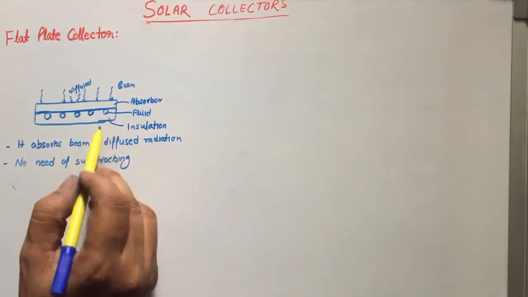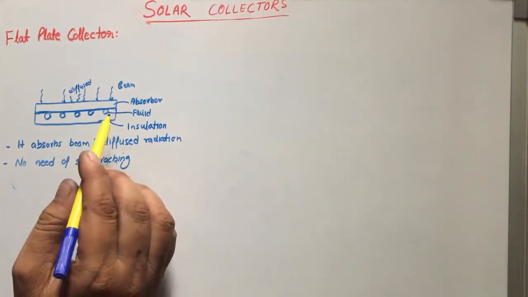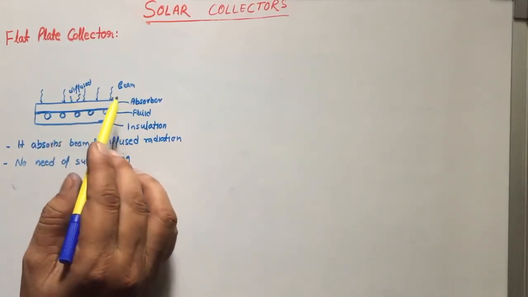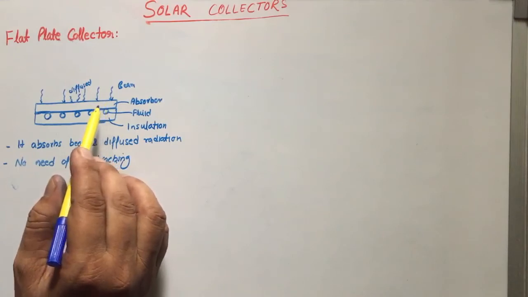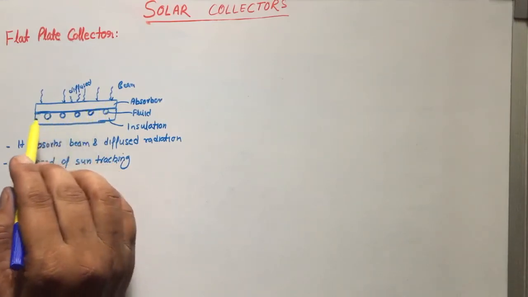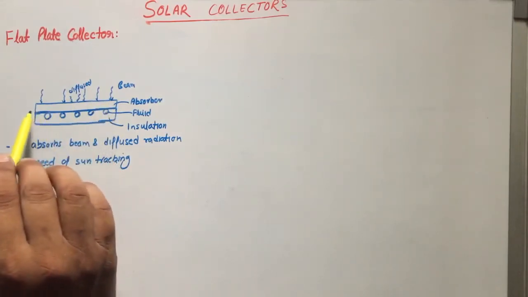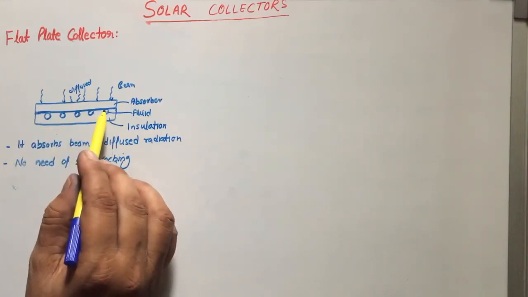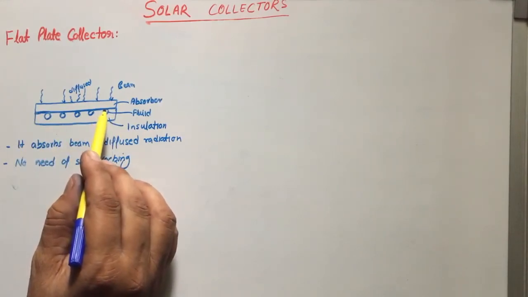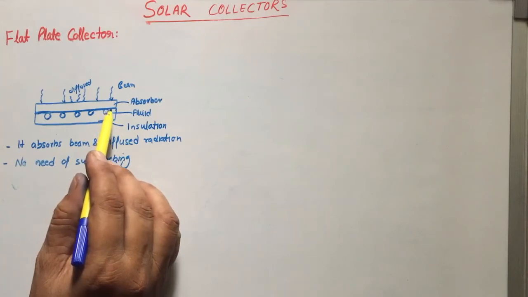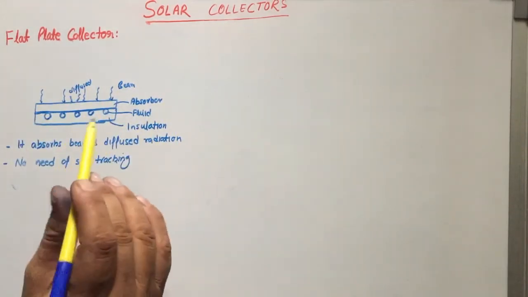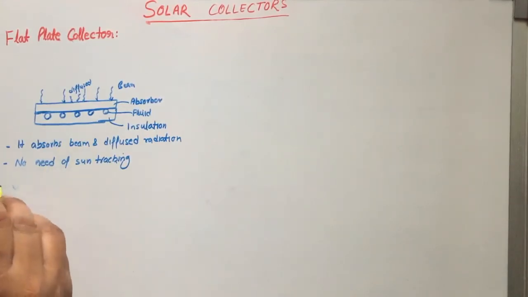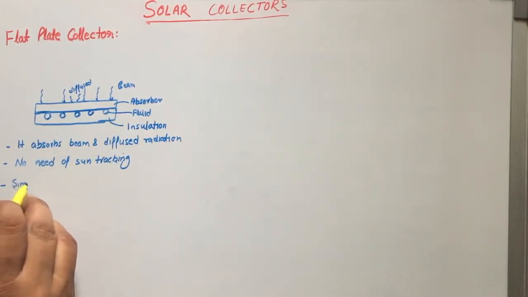It can perform well without the need of sun tracking, as direct and diffused radiations can be utilized. And third thing, there is no complexity, just the absorber and the tubes which are flowing the fluid are the main parts, and very simple in construction we can say. So third thing, simple in construction.